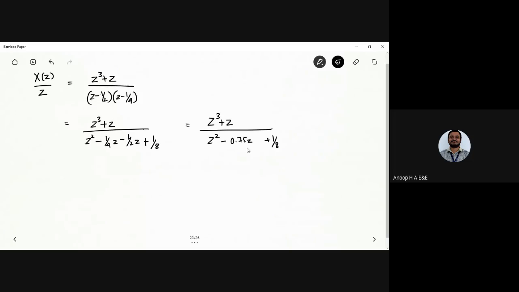At the end, you are left with z cube plus z divided by z squared minus 0.75z plus 1 by 8. You have to take it in the proper fraction method, and only then will you come to know that this system can be resolved into the partial fraction method.